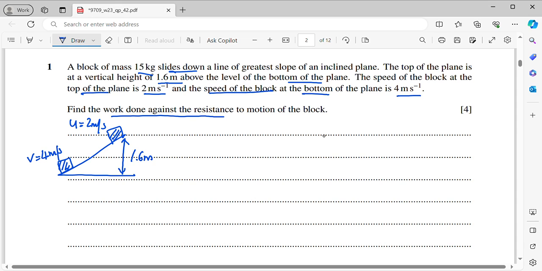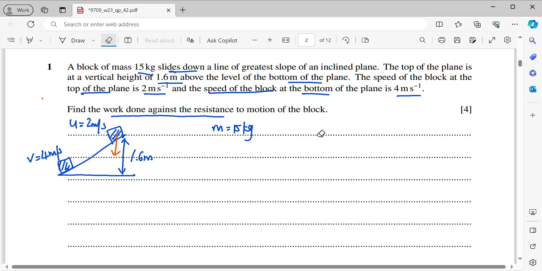And then it's mentioned that the m is 15 kg, so from here I will have the weight of 15g. Okay, so these are the information given in the question.